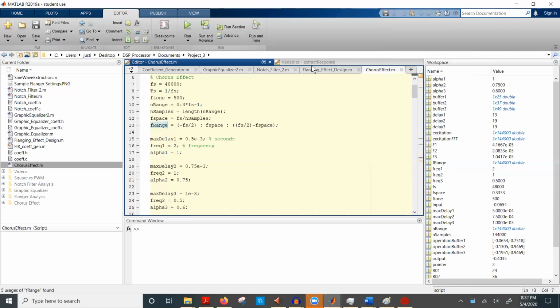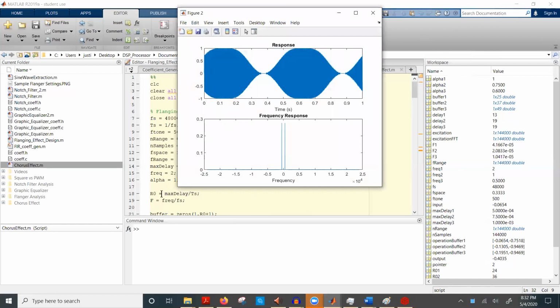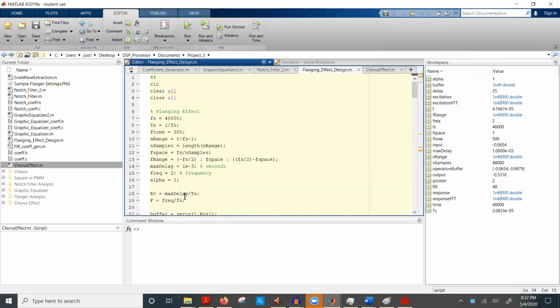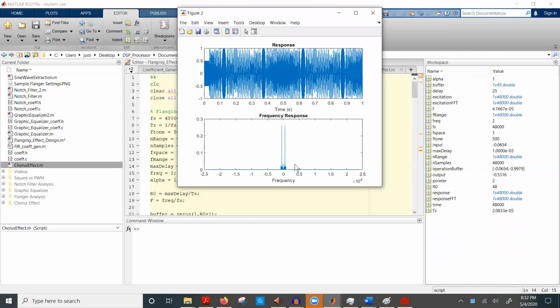But if we went back to the flanging effect, I set the delay here to 1 millisecond. And so 1 millisecond looks like this, but if I increase this a bit, 100 milliseconds, now it looks a lot different.